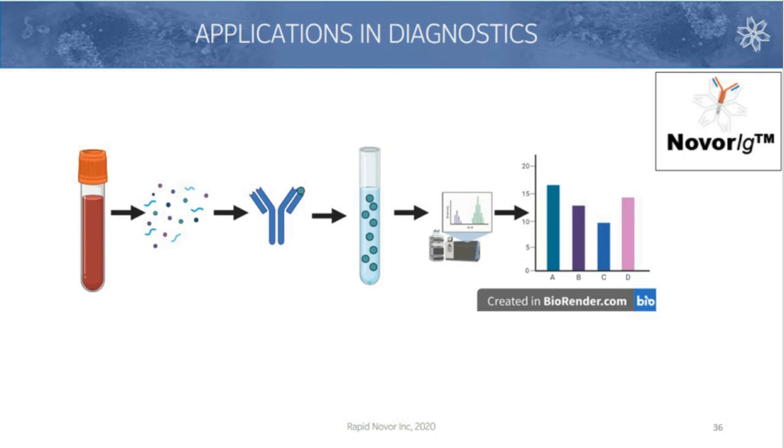A proposed workflow could work something like this, where you have a blood sample of interest, it's full of lots of stuff, but you really only are interested in your one antigen of interest. Using an antibody that you've acquired or we've discovered or whatever it is, you can precipitate out just that antigen that binds to your antibody.